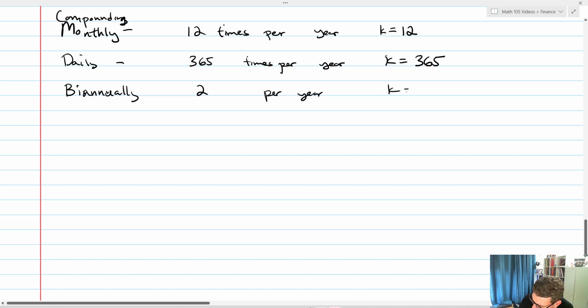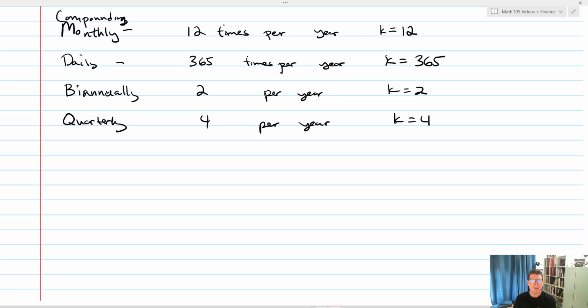And so that makes K equal to 2. And if we compound quarterly, that's 4 times per year, and we get K equals 4. So those are the values that we end up with as a result of our compounding. And those are some of the different choices.